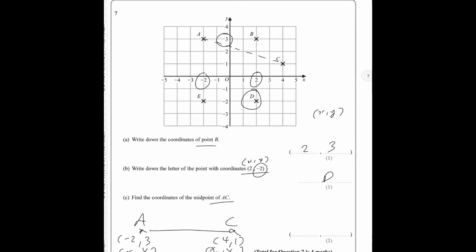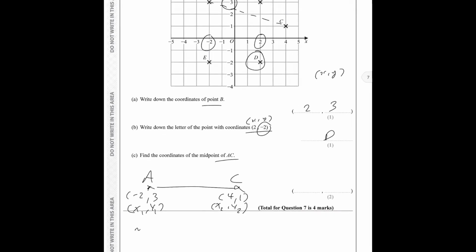So you have x1, y1, x2, and y2. Now the midpoint formula that I would like you to understand is M equals x1 plus x2 divided by 2, comma y1 plus y2 divided by 2. I want you to know this by heart, okay? It's pretty important. So here your x1 is minus 2, your x2 is 4, okay?